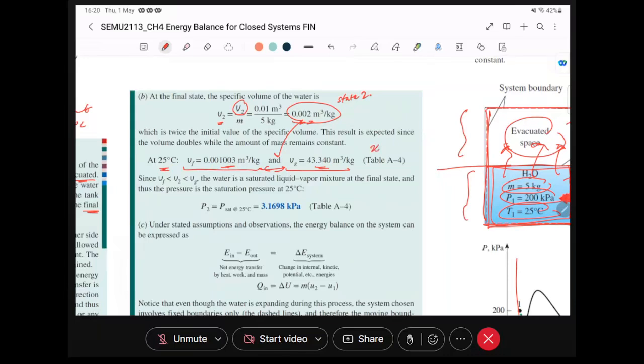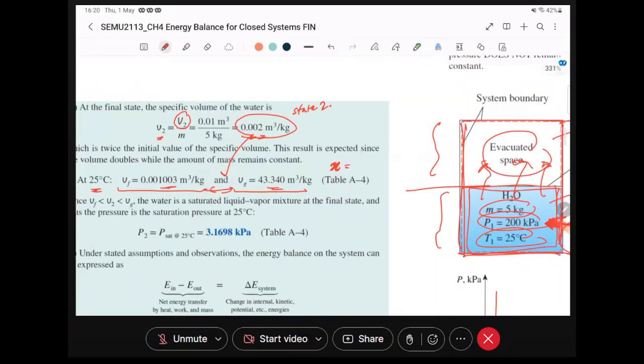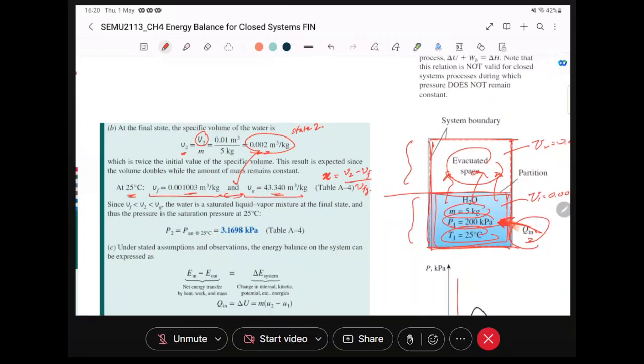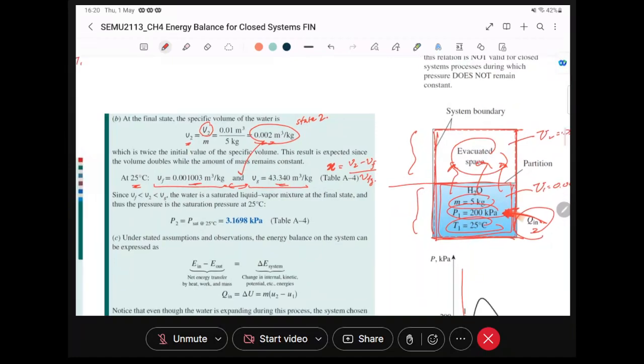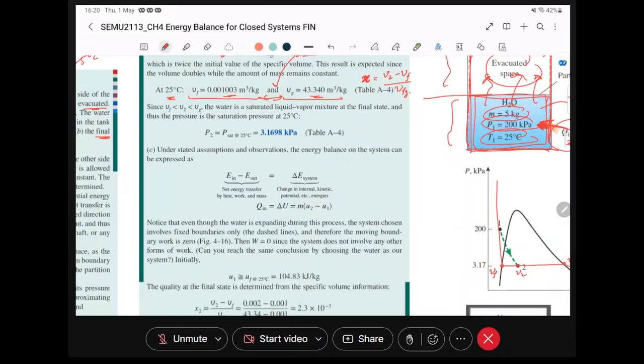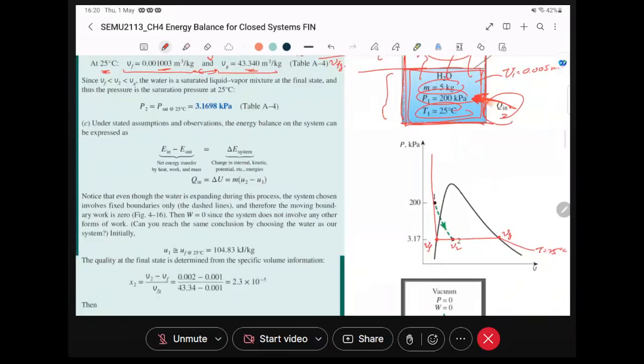If we need to find the quality of the mixture, the vapor fraction, it's just a matter of V2 minus VF over VFG. But that's not what we are looking for at this time. What we want is the pressure of the second state.